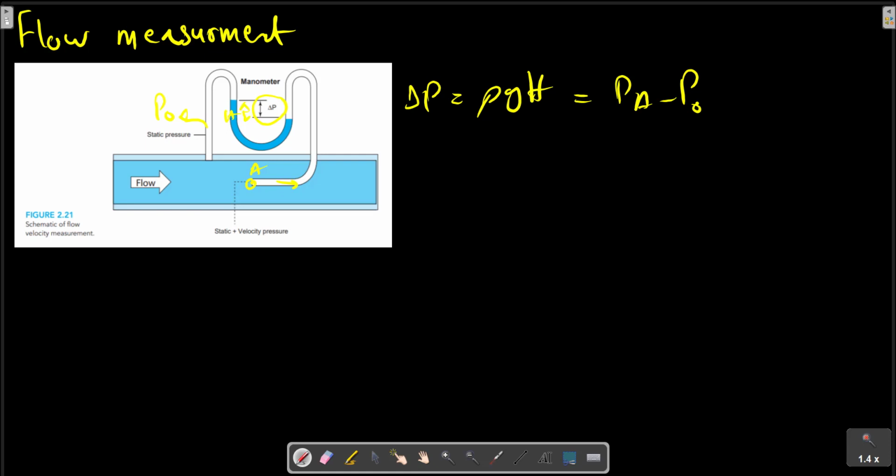An aneroid barometer. Let me provide the picture.